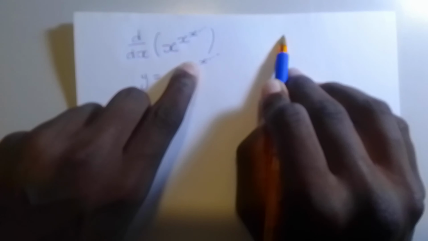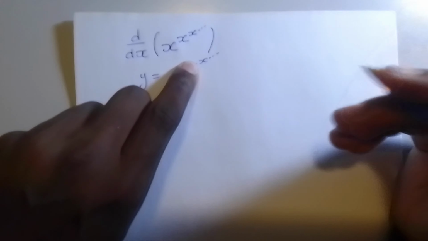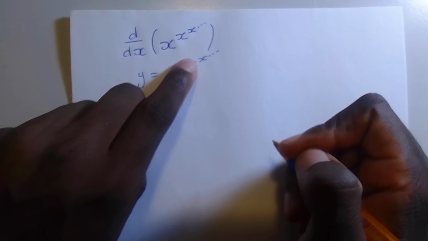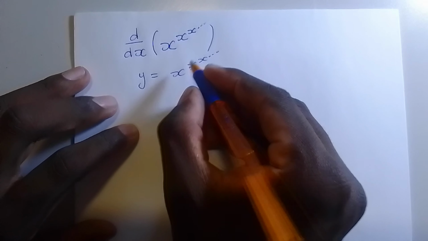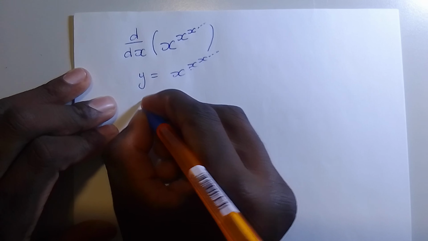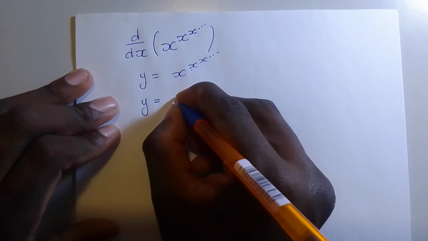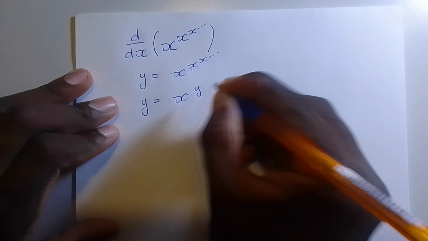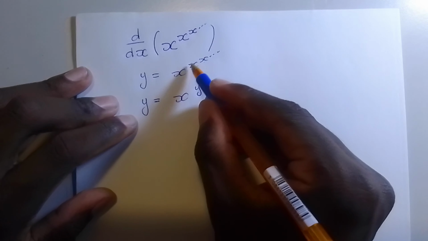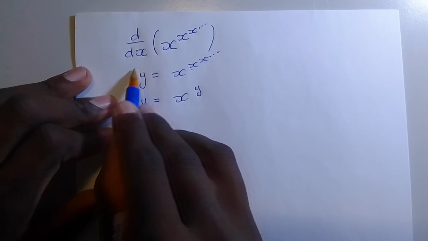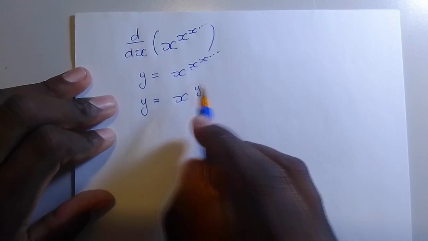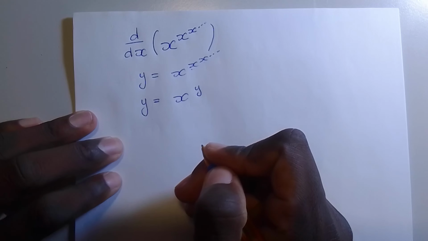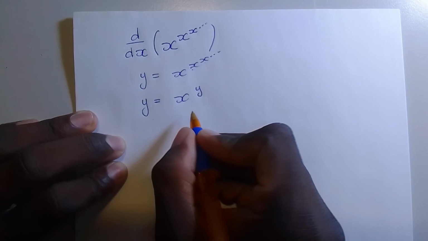Even if you start here, it's still the same thing because it's still an infinite number of x's in the exponent. Now, since that's the case, we can say that this is actually x to the power of y, because this is still equal to this, very closely approximately.